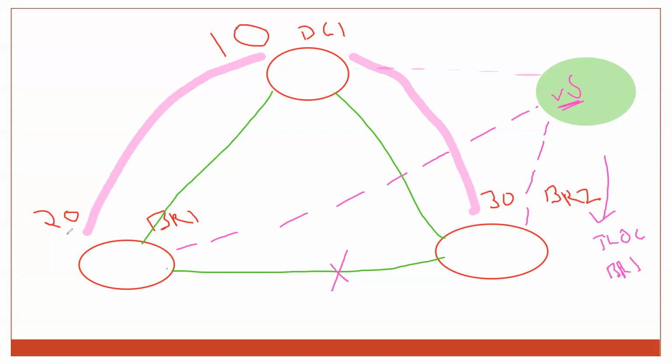And from vSmart, to this branch 1, vSmart should not send the TLOC information of branch number 2 to this particular router. If it doesn't have the TLOC information of this branch, they will not form the IPsec tunnel.